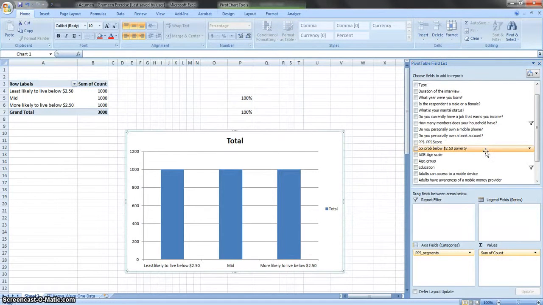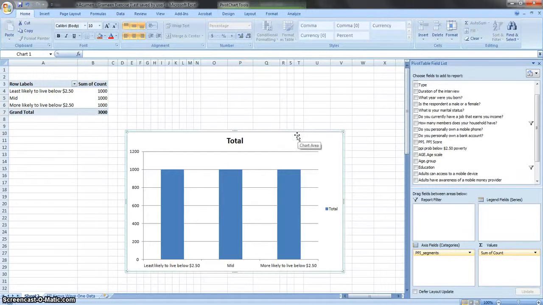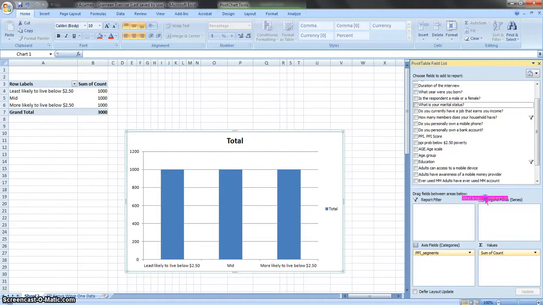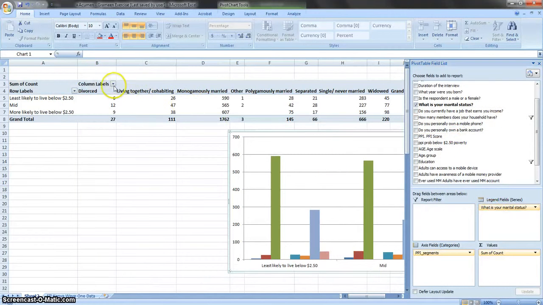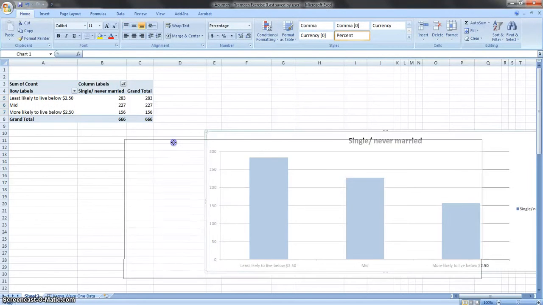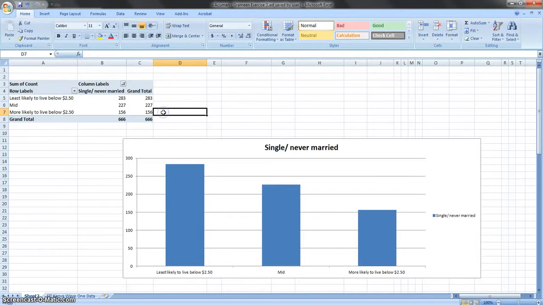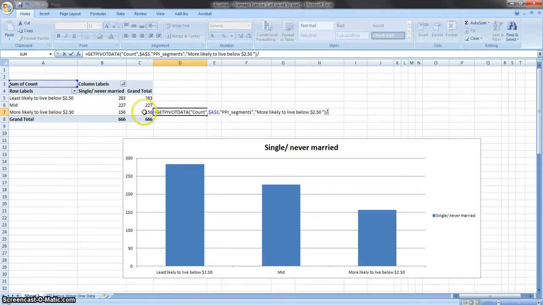So let's get back and take that out. Delete this. And now we're going to check the marital status. And we're going to just take the ones who are single. So as you see, you can also take the percentage.